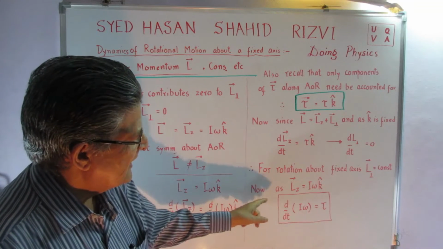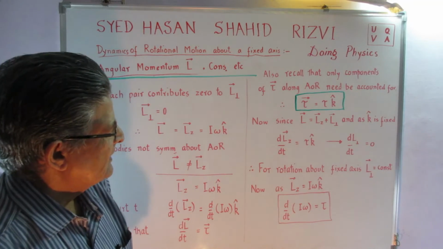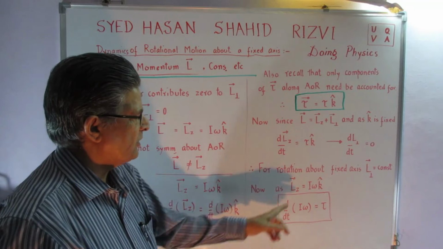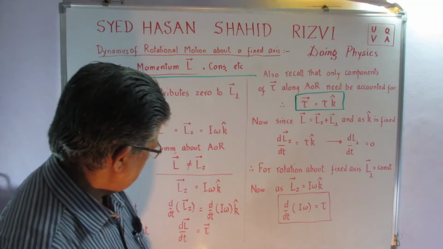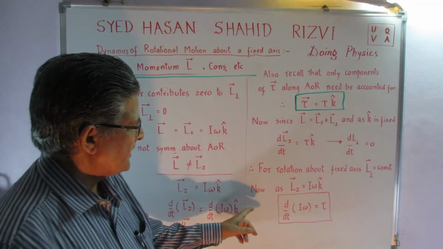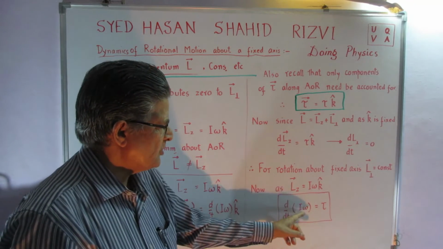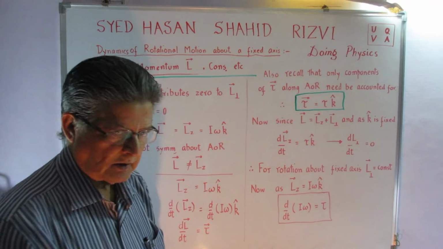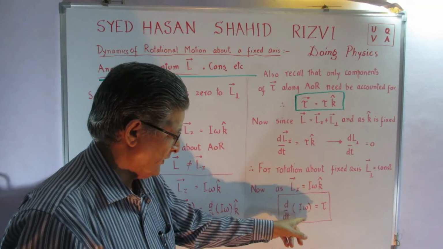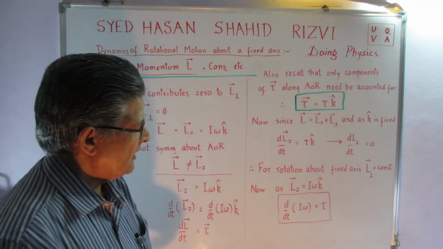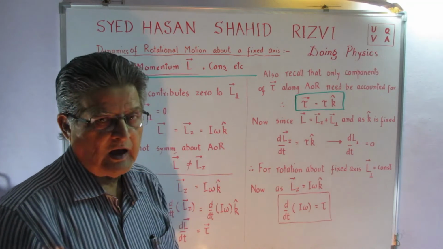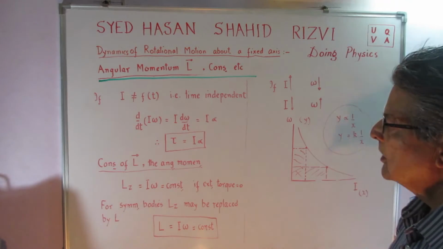Now as Lz, the component along the z-axis, the axis of rotation, is equal to I omega into k cap that we have obtained before, I can write that d/dt of I omega is equal to torque. Of course, because there is only one direction, we will not consider this as a vector, but we are considering it as a scalar equation.